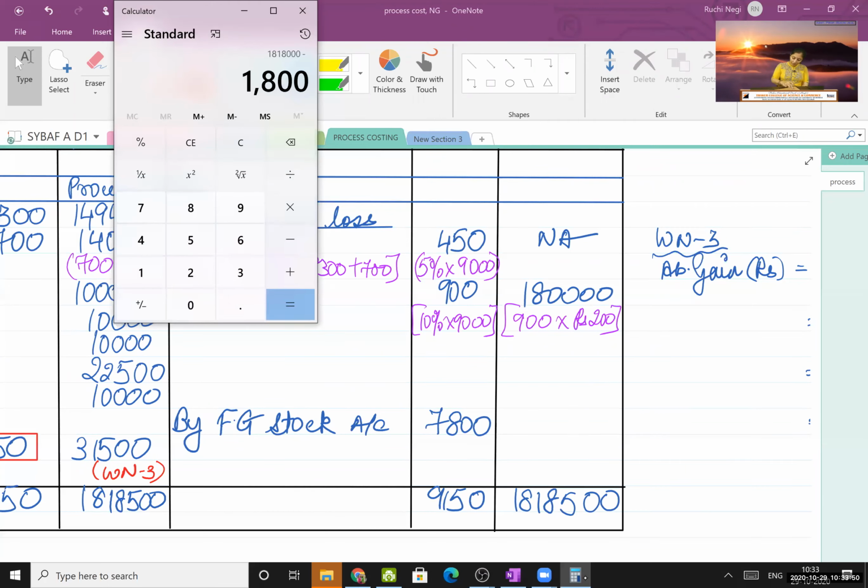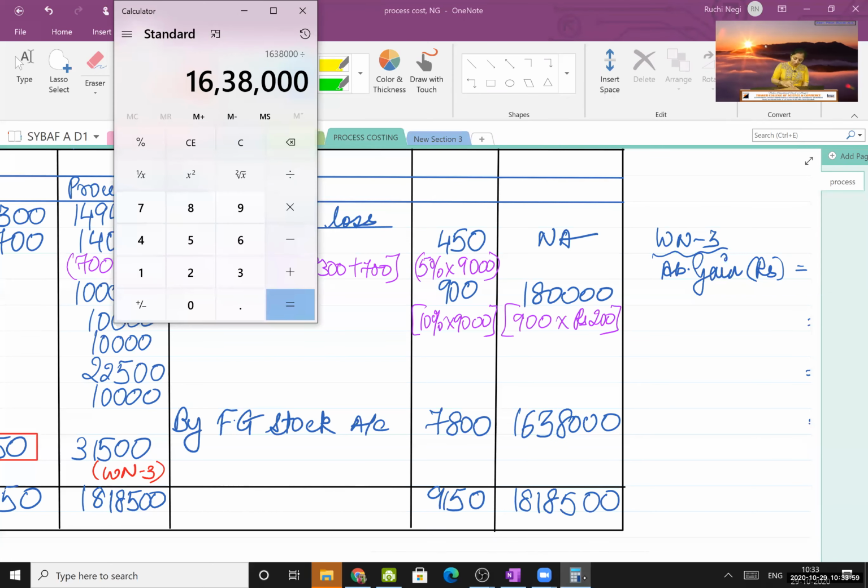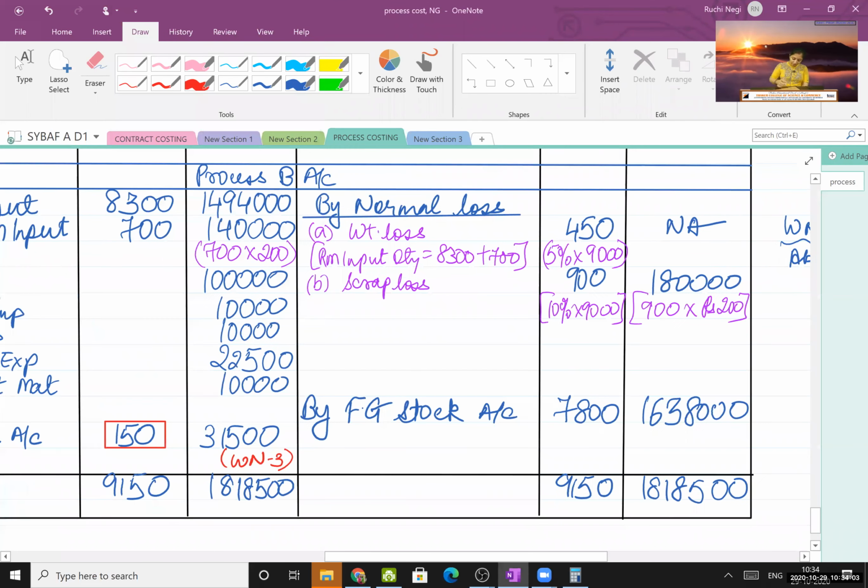Minus 1 lakh 16 lakh 38,000 divided by 7,800. Yes, our answer is correct.